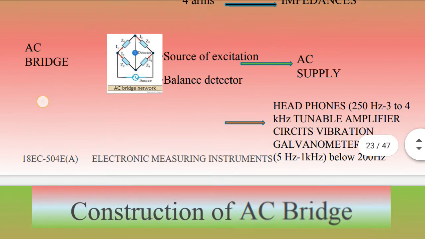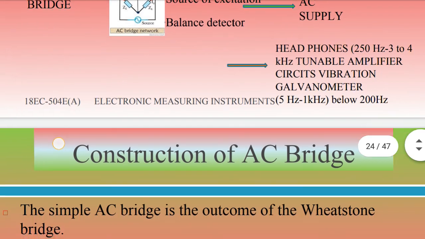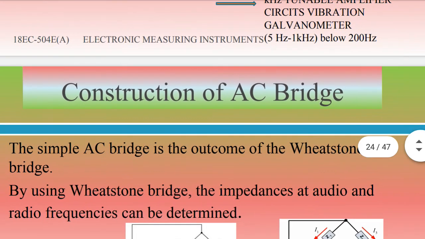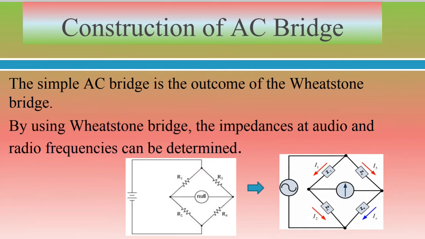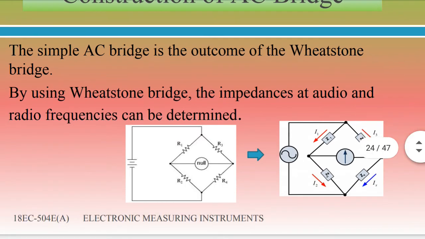Now, coming to the construction. The simple AC bridge is the outcome of the Wheatstone bridge. This figure shows the DC bridge, and in the AC bridge, the resistances are replaced by impedances. In the DC bridge the source of excitation is a battery, while in the AC bridge an AC supply is there.